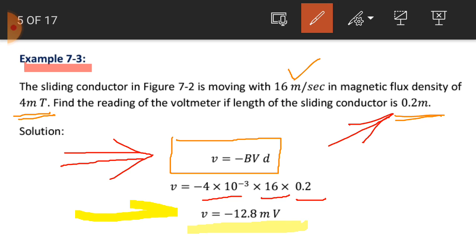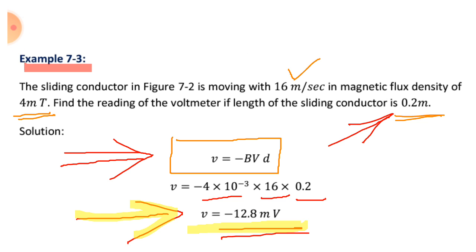This is the reading of the voltmeter in example number 7.3, which is minus 12.8 millivolt. We do the last numerical example of this chapter.